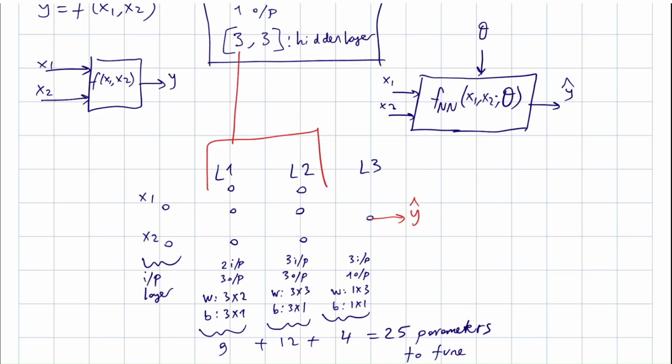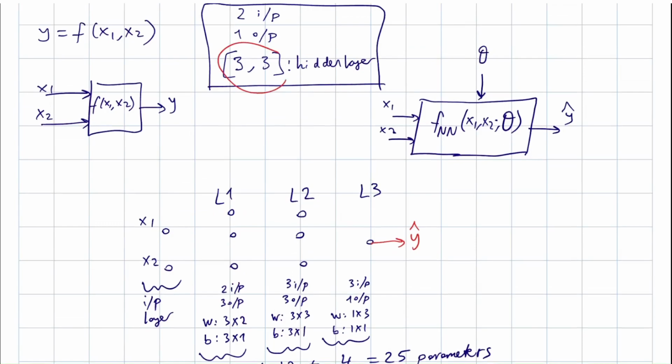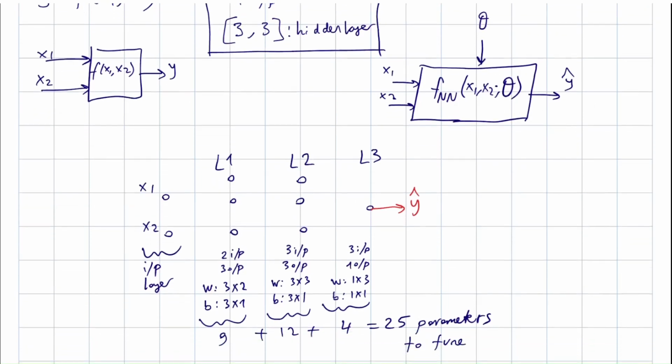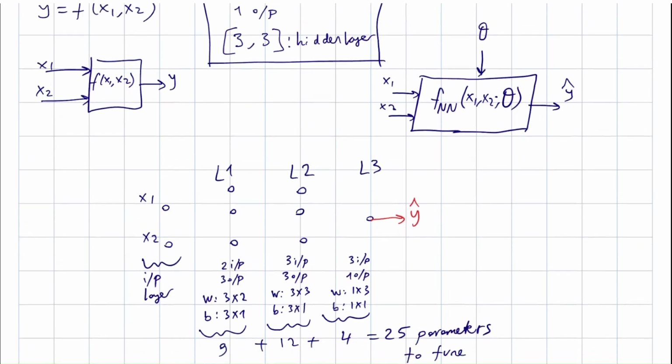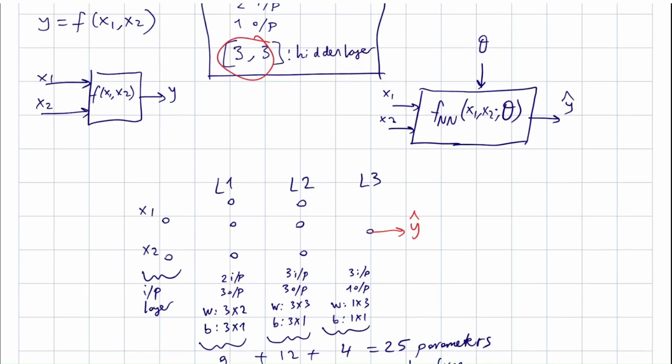Notice in each hidden layer we have three neurons, chosen totally arbitrarily. It doesn't signify anything, but your hidden layer dimension is two. You have two hidden layers, and then one comes from the final output layer, so in total you will have three layers.